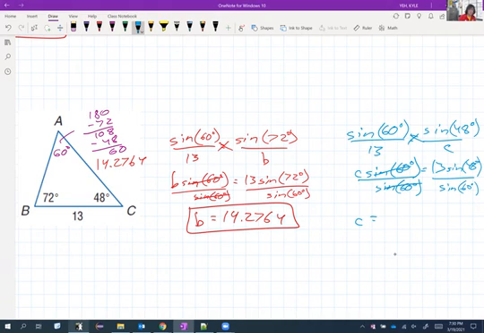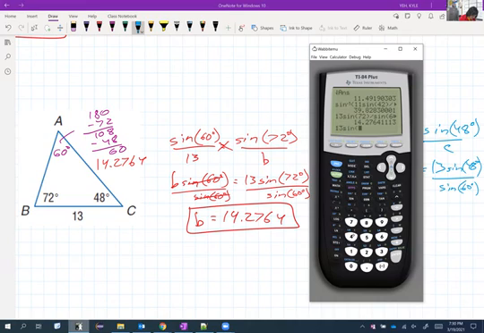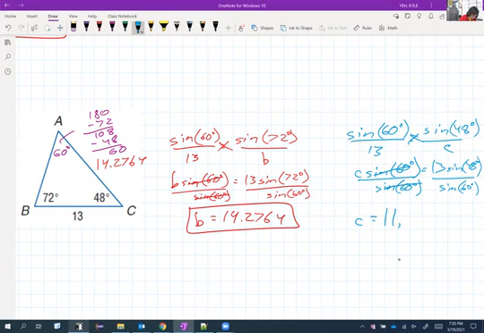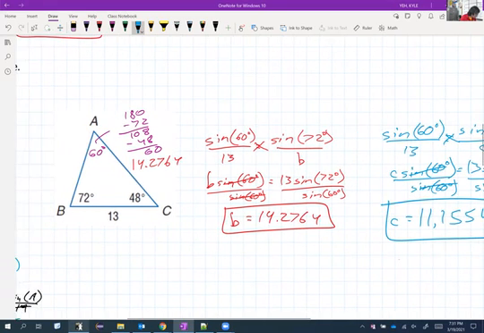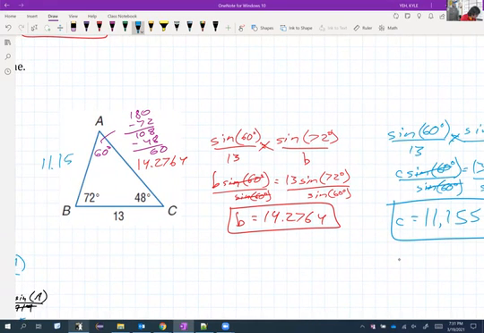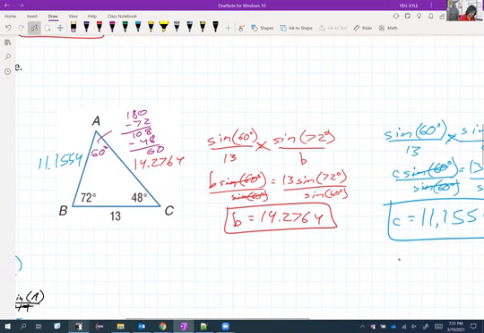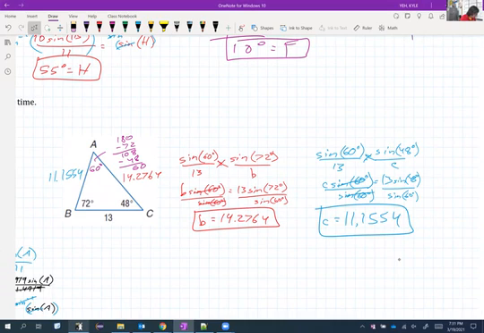C equals, it should be my smallest side length, 13 sine 48 degrees divided by sine of 60 degrees, 11.1554. And again, that looks very reasonable in this problem. And I guess I should list out A equals 60 degrees. We found that at the beginning because of 180.